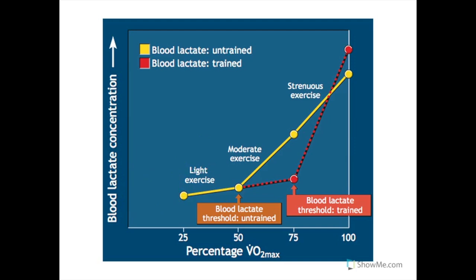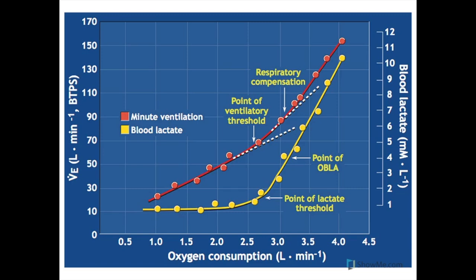Now let's move into that first anaerobic threshold here. There's a lot of terms, like I said. Some people call this first one the anaerobic threshold or the ventilatory threshold 1 or VT1 right here. Some people also call it the lactate threshold 1 as opposed to lactate threshold 2.